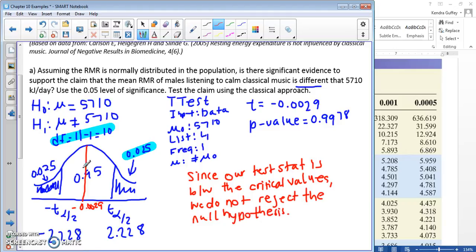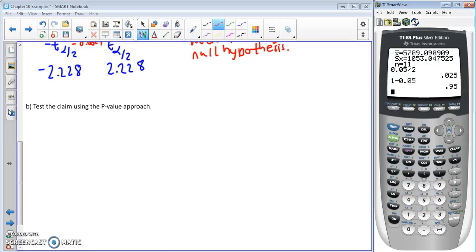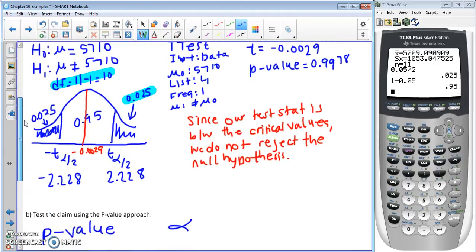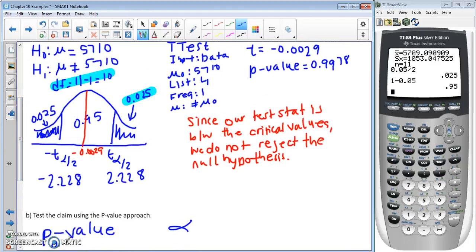So now we want to test the claim using the p-value approach. We're going to compare the p-value to alpha. Our p-value is 0.9978 and alpha is 0.05.